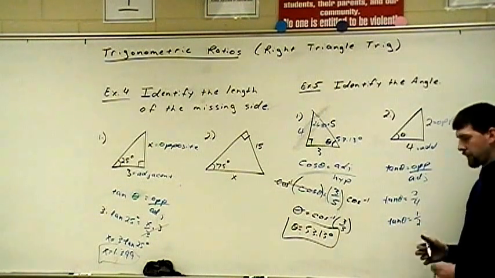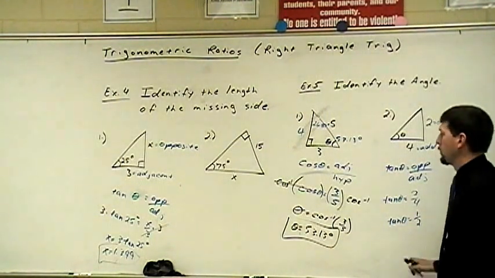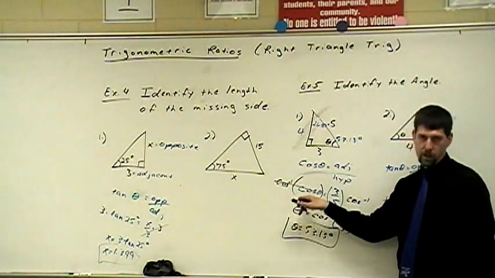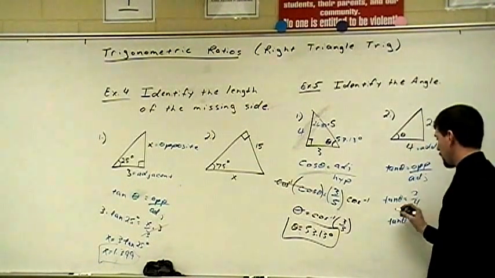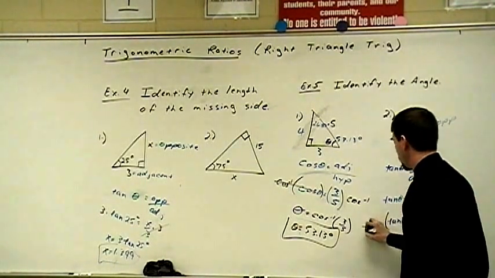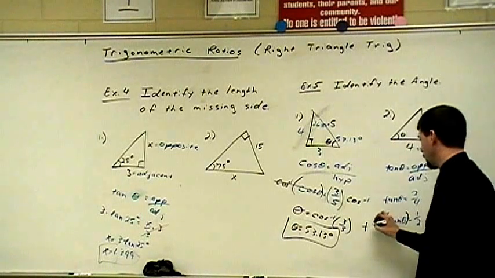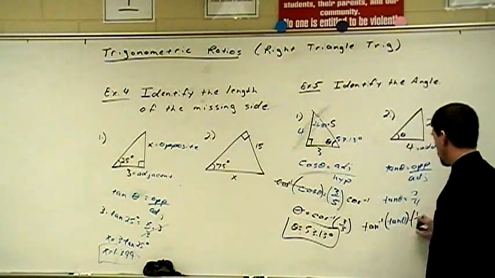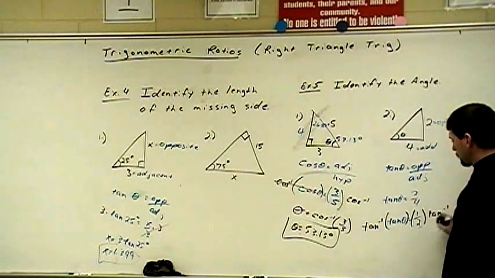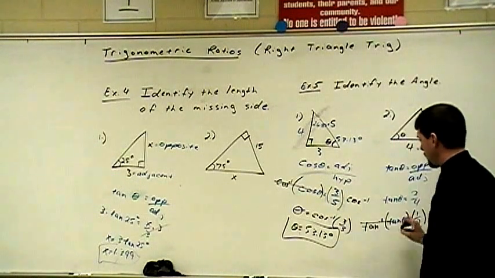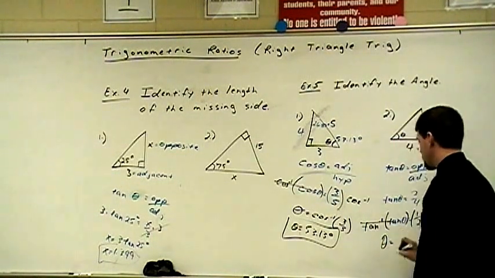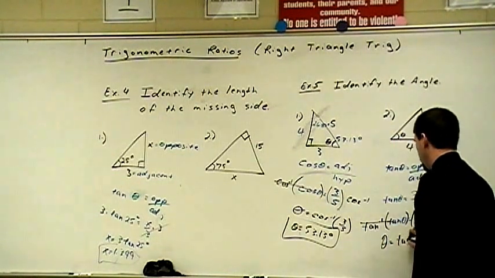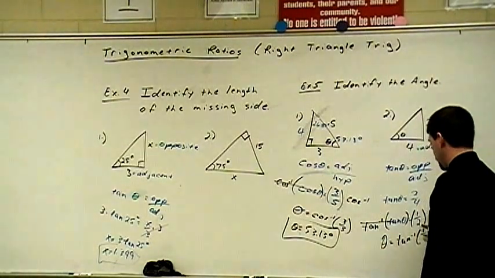And then we want to move that tangent. Okay? When we wanted to move cosine, we did inverse cosine. When I want to move tangent, I'm going to do inverse tangent. Inverse tangent and tangent cancel, leaves me just theta. Inverse tangent of 1/2.